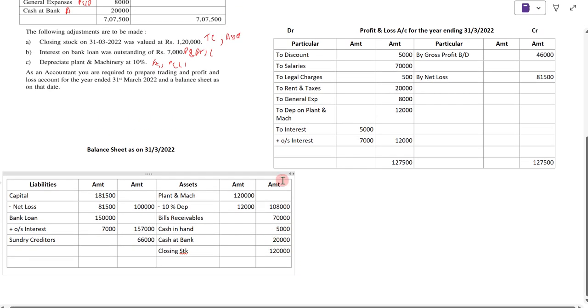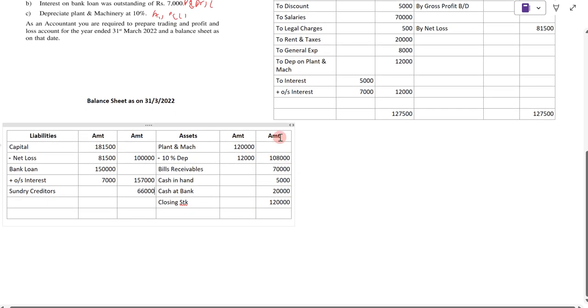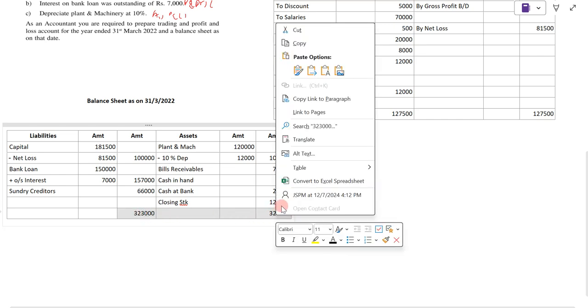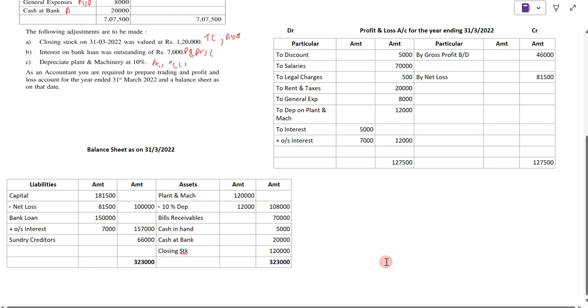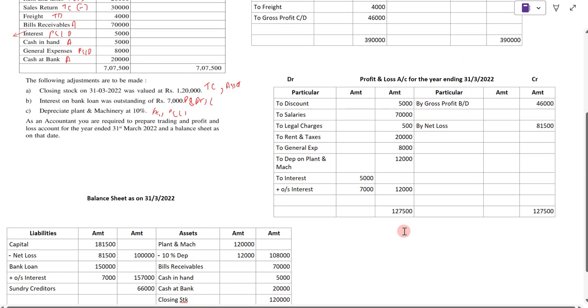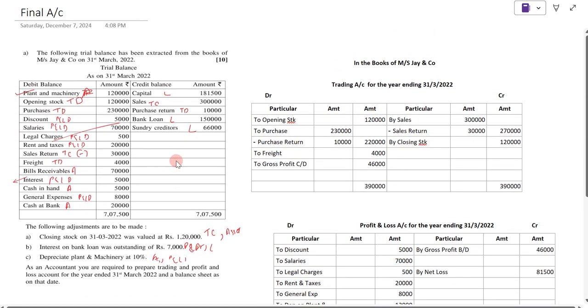You have to take the values which are in the outer column, not the inner column. The total of assets is 3,23,000 and we get the total of liabilities also 3,23,000. So both the assets as well as liabilities values are the same. Both are tallied. Okay. So in this way we have to solve this final account of proprietor.